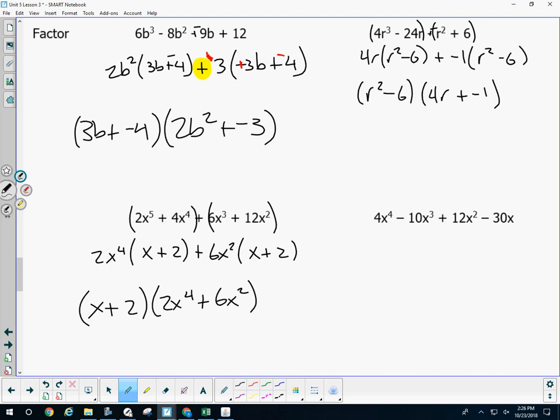Do 2x to the 4th plus 6x share anything? 2x squared. Guess what I can do? Pull that out too. You should just do that from the beginning. That's exactly right.